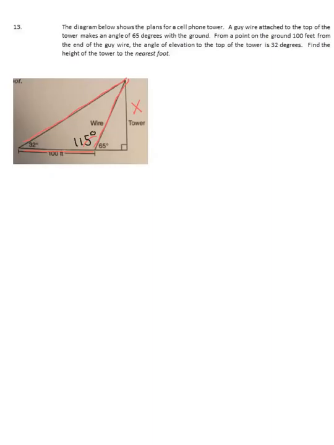I'm going to be looking for the length of this wire here before I can find this value for x. So I have this angle, and I'm going to make this y because that's what I'm looking for first. I have this side right here, and I need the angle opposite.